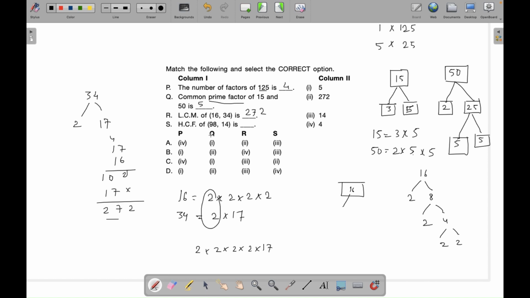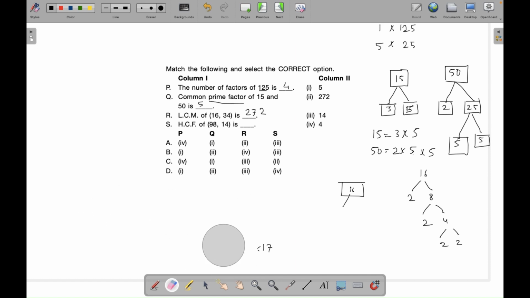And then the HCF of 98 and 14. Again, they are larger than 20, so we'll use the factor tree method. So 14, if I have to write, we'll get 2 and 7. And 98, if I write, I'll get 2 times 49 and then 7 times 7.